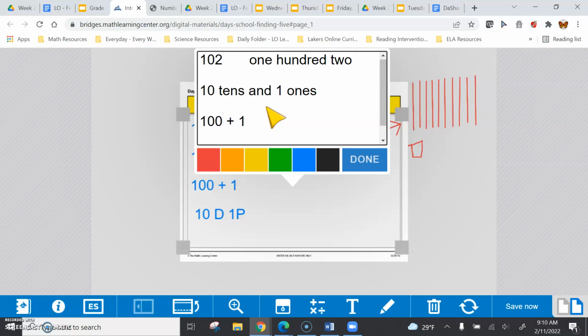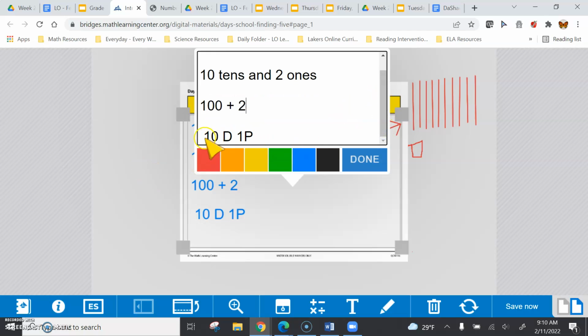102 means 10 groups of 10 and 2 ones, 2 cubes. Our math equation becomes 100 plus 2. And then finally, we're talking about 10 dimes, which is equal to 100 cents, plus 2 pennies.